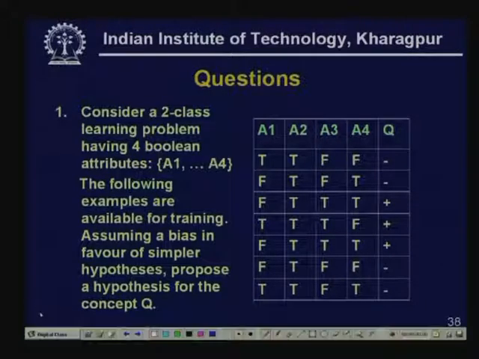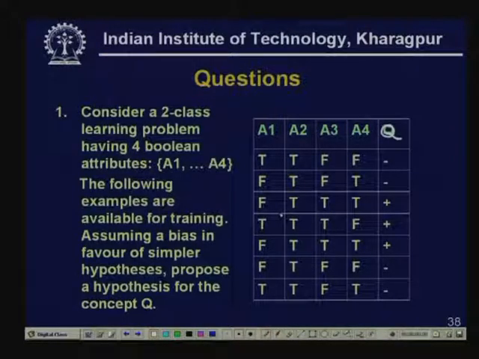The classes are referred to by Q. So, Q is the target concept that you are trying to learn, and you have 7 different examples, and there are 4 attributes to this learning problem: A1, A2, A3 and A4, and all these attributes are Boolean attributes, and you have these 7 examples.